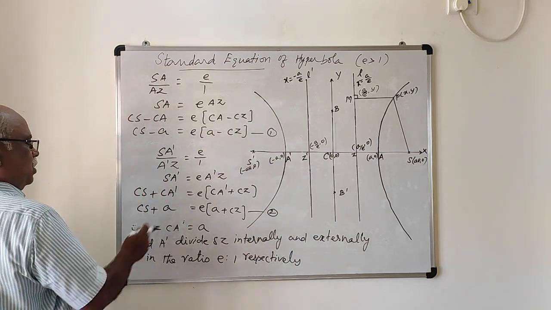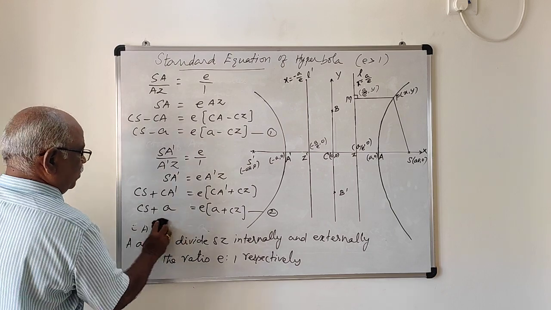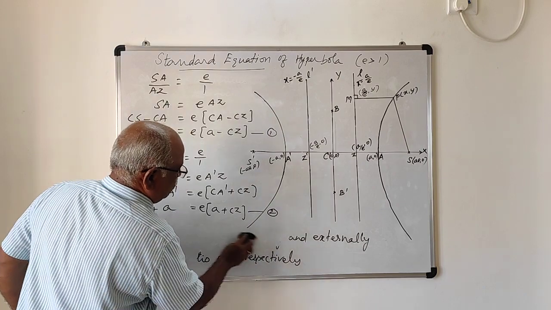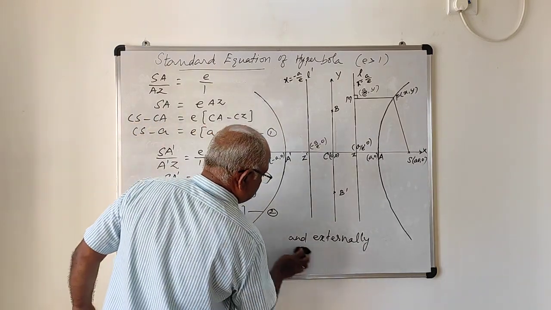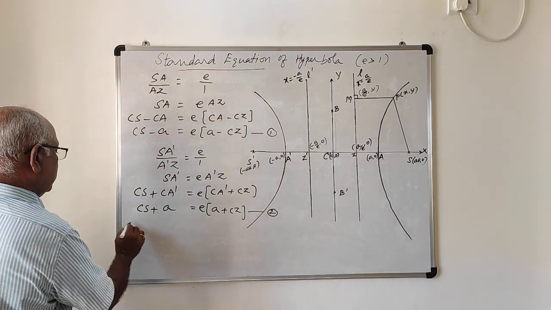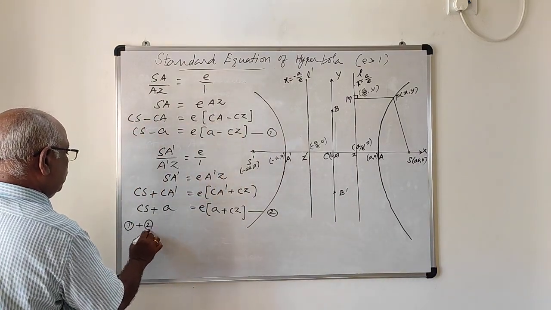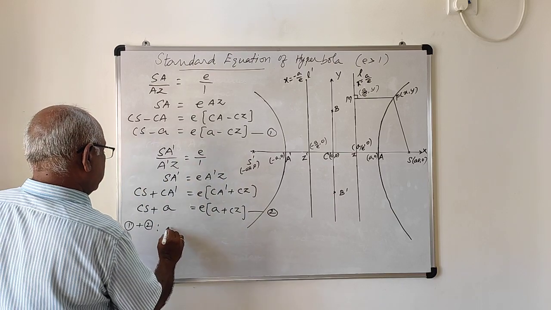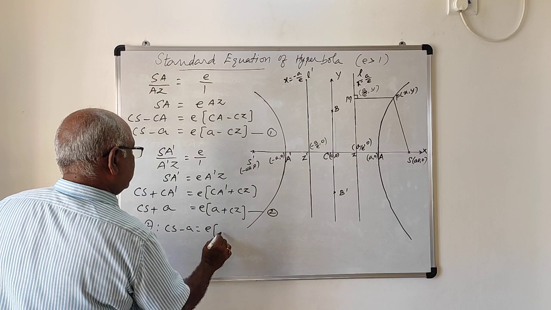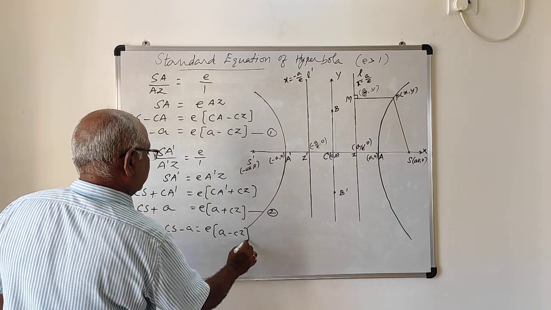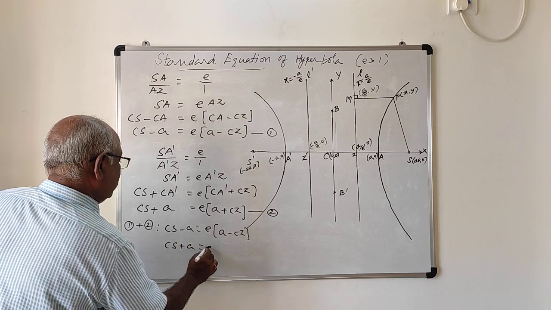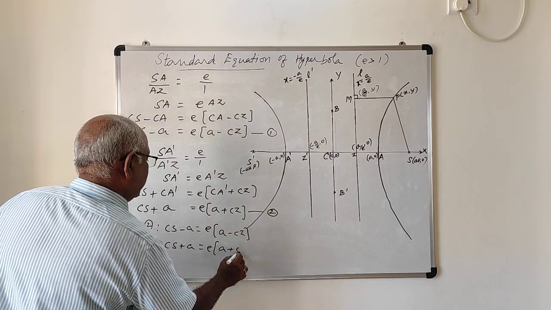Adding equations 1 and 2: equation 1 is CS minus a equals e into (a minus CZ), and equation 2 is CS plus a equals e into (a plus CZ).